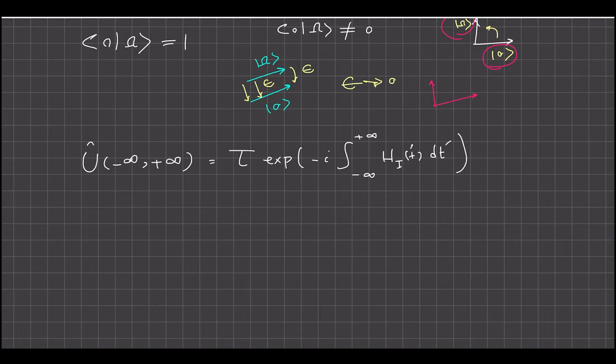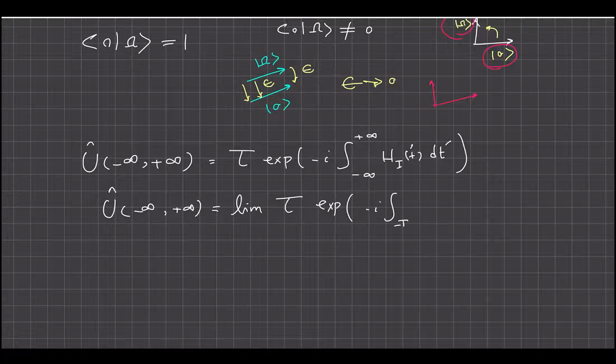So one way is that you can always say U of minus infinity to plus infinity is the limit. This is how you can define it. It is the limit of the same entity, but you define an upper and lower bound for your integral, and then you integrate over this particular volume, and then you take t to infinity.